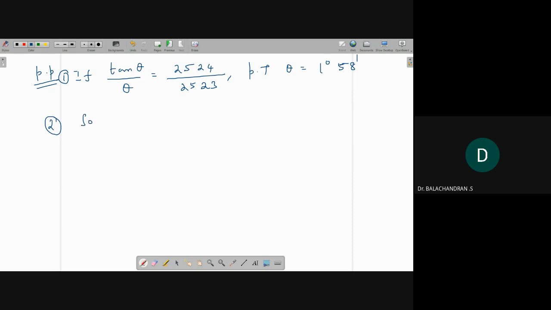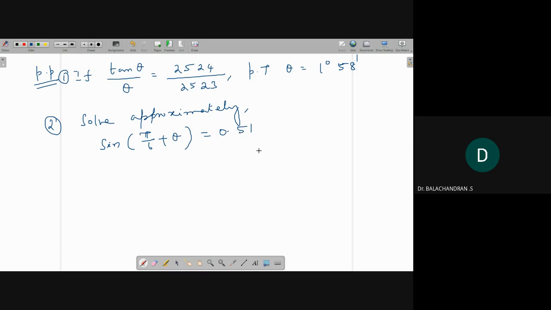Second problem, solve approximately: sine of (pi by 6 plus theta) is equal to 0.51. Okay, 0.51. So this is the question.